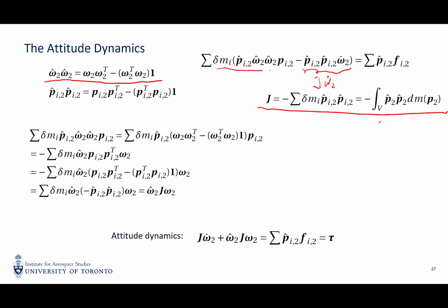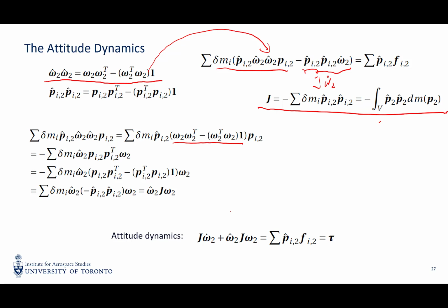And then for the first term here, if we apply this into the first term, we can expand the second and the third term in this format. So omega 2 hat times omega 2 hat equals omega 2 times omega 2 transpose minus omega 2 transpose times omega 2 times an identity matrix.